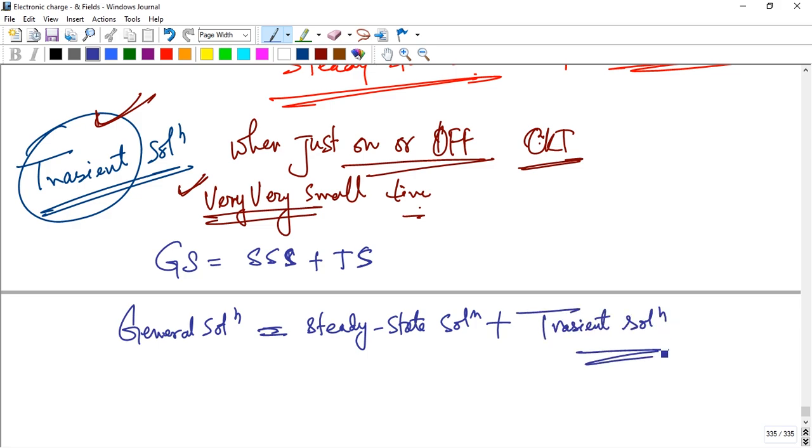If you run the circuit for a long time, the transient dies out, and we only get the steady state solution.